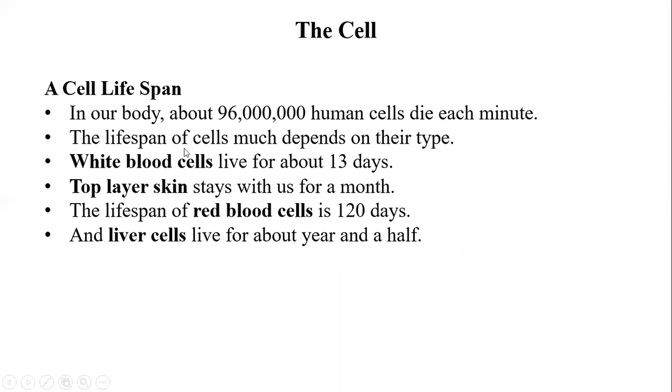The lifespan of cells much depends on their type. इसी तरह से white blood cells हैं that live for about 13 days. Top layer skin stays with us for a month. The lifespan of red blood cell is 120 days. A liver cell lives for about a year and a half.